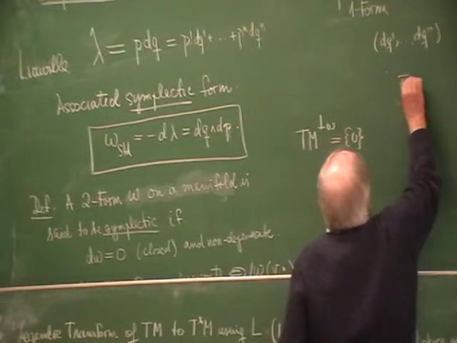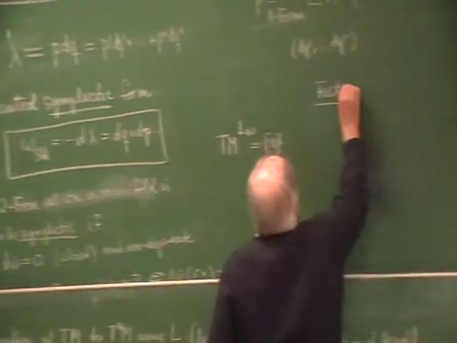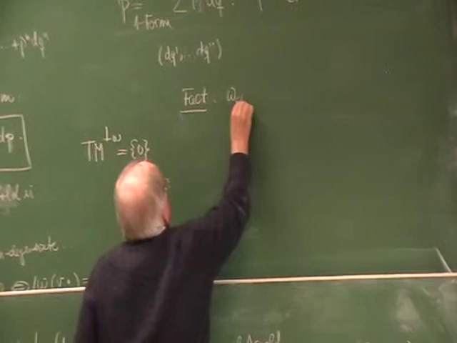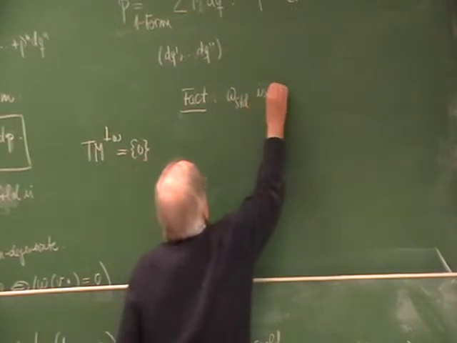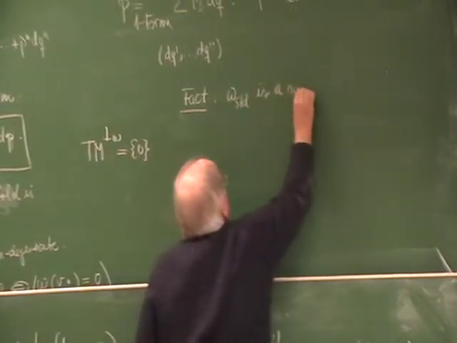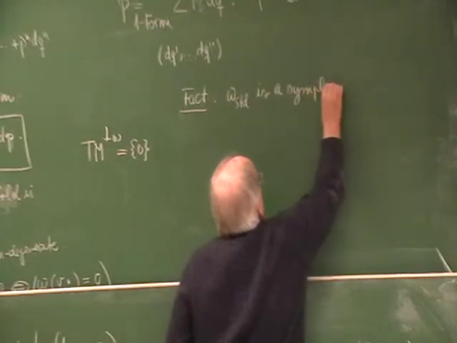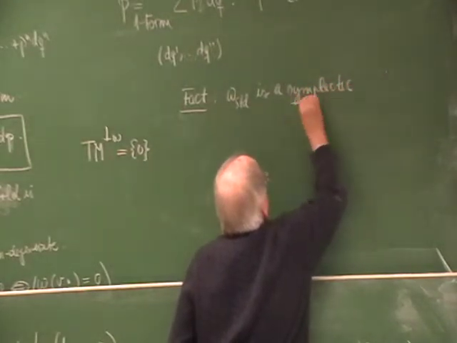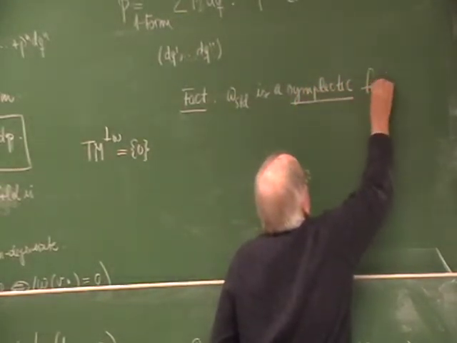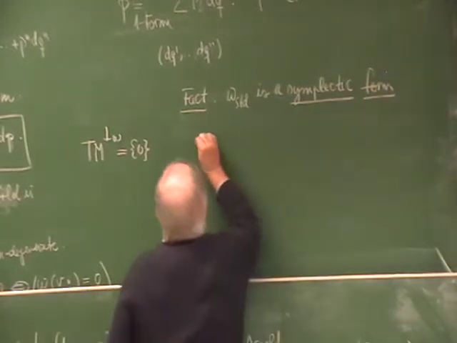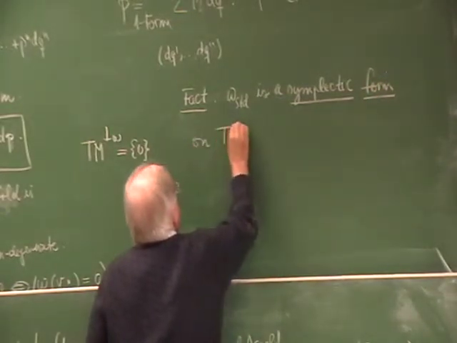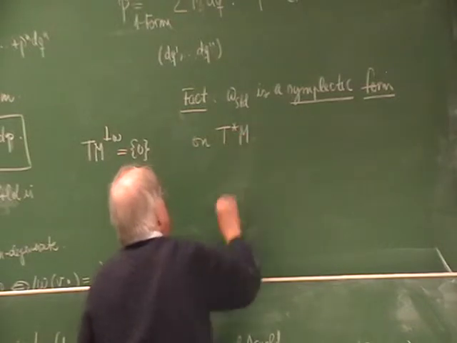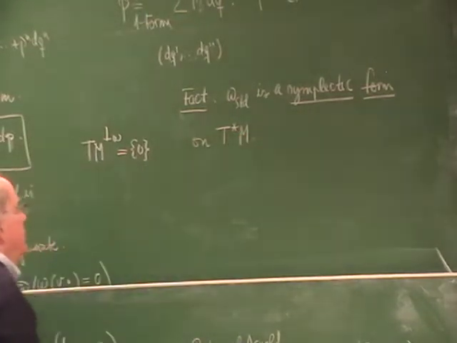So that's what this is. So a fact that you can easily check is omega standard is symplectic on the cotangent one. Okay?